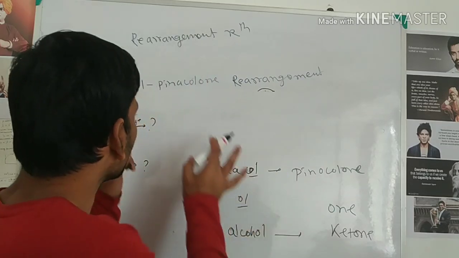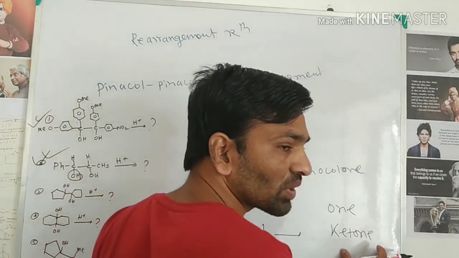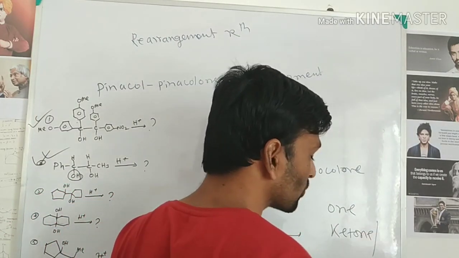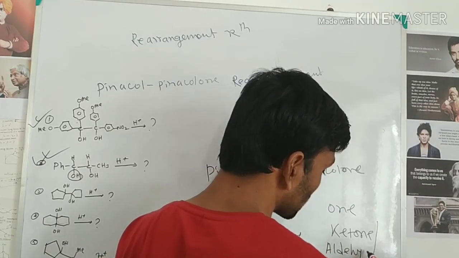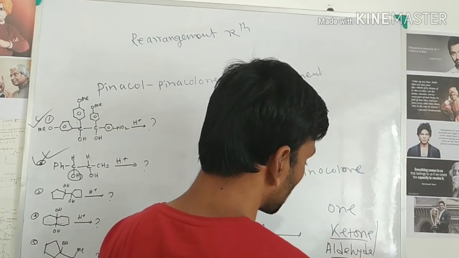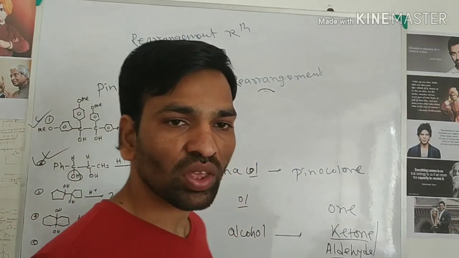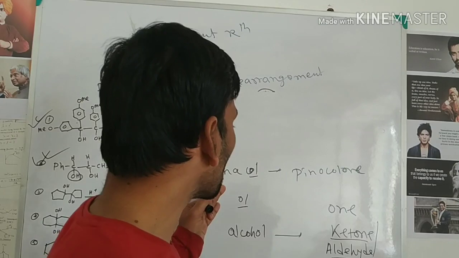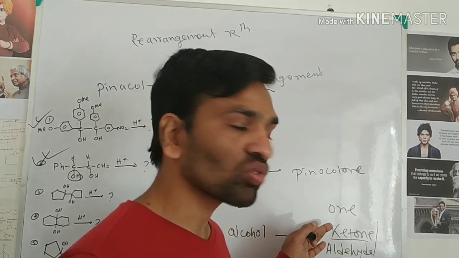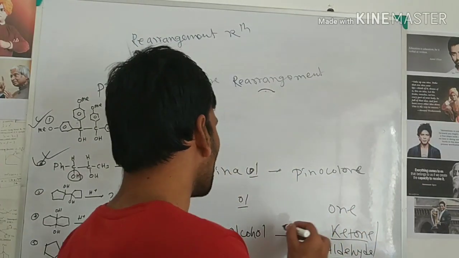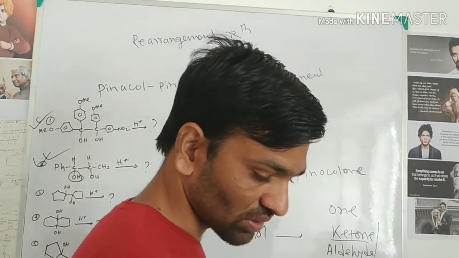That means in pinacolone rearrangement, the alcohol is converted to the carbonyl compound. It is not only for ketone, it is aldehyde also. Aldehyde and ketone, that means carbonyl compound. The alcohol goes to the carbonyl compound. Vicinal 1,2-diol goes to carbonyl compound in presence of acid, that is called pinacolone rearrangement.